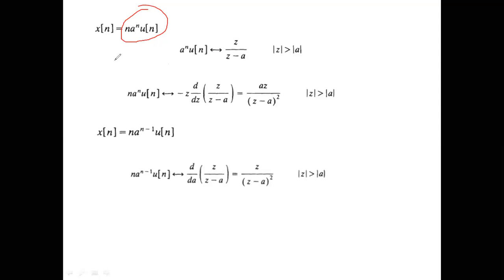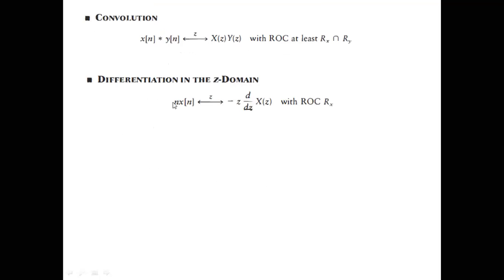Now, I do not remember the formula for an arithmetic progression with an n in it. So rather I will stick to the property. I already know the z transform of a to the power n into u of n, which is z divided by z minus a. The moment I see an n getting multiplied, it is time to use the property. Which property? Differentiation in the z domain.